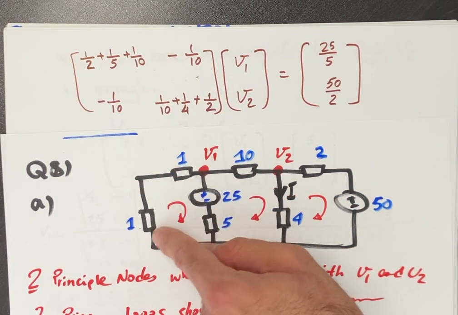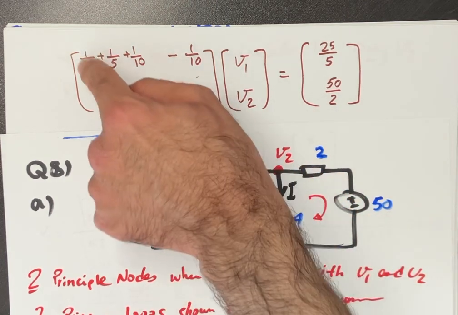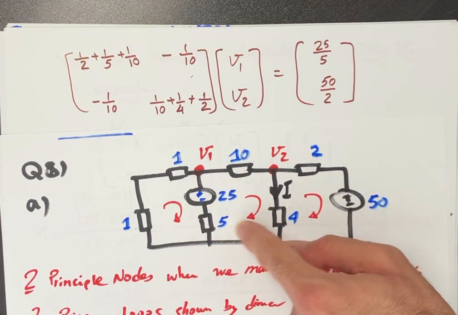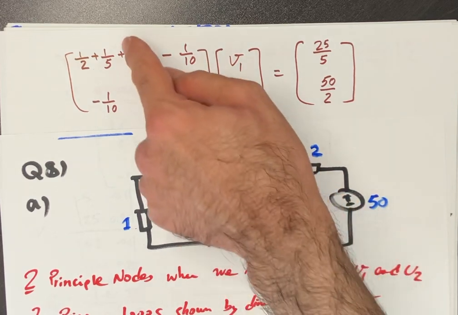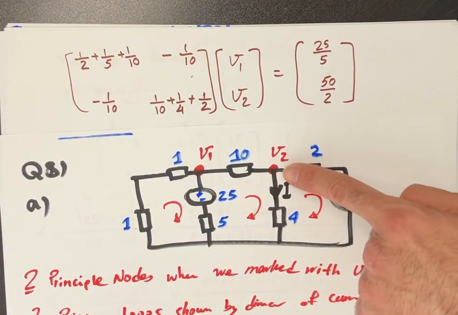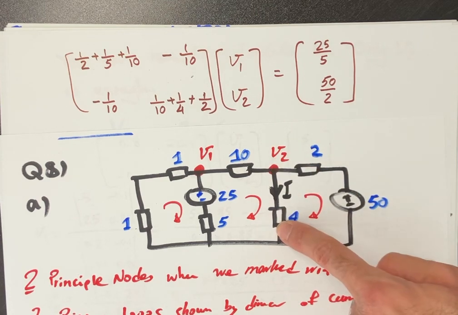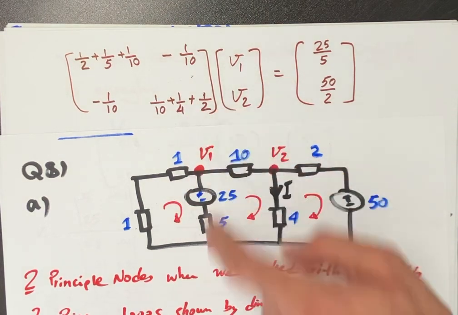One of them is from here, the resistance is 2 ohm, so you put 1 over 2. From this branch, resistance is 5 ohm, so you put 1 over 5. And here it's 10 ohm, so you put 1 over 10 Siemens. That is the conductance. For node 2, from this branch 1 over 2, 1 over 4, and 1 over 10.